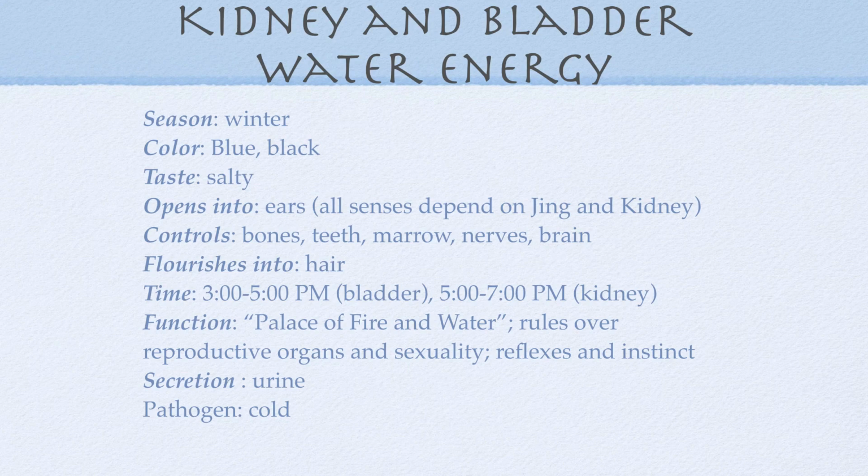So from the point of view of water energy, the large intestine is there, and all the cells of our body are there, because we are more than 70% water. So obviously, all of our cells swim in water. All of our organs are surrounded by water. So that's what we mean by kidney and bladder energy.